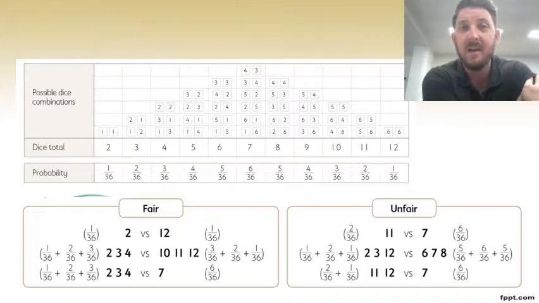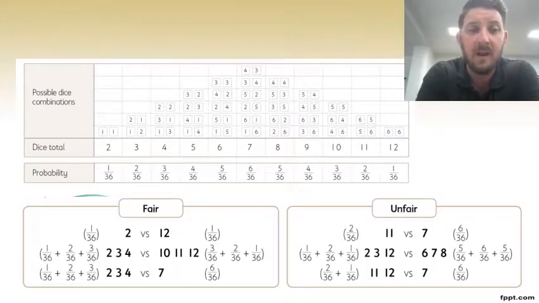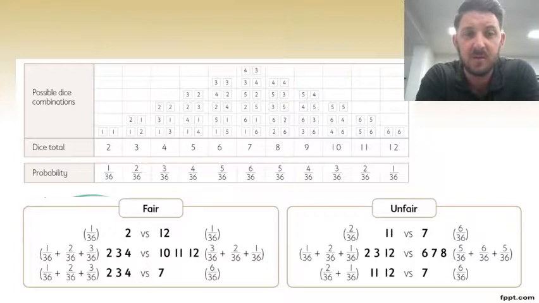Well, there was 1, so my fraction is 1 over 36. So 1 out of 36 chance of rolling a 2. If you look at the 3, it was 2 over 36, all the way up to the 7, which was 6 out of 36, which is my largest chance of rolling.